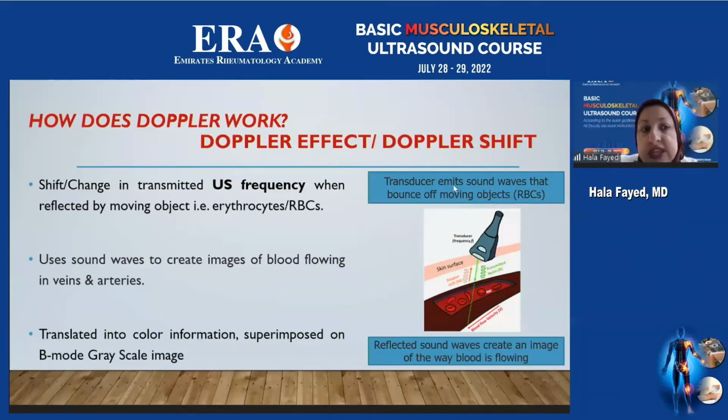It uses sound waves to create images of blood flowing in veins and arteries. This is translated into color information superimposed on the B-mode grayscale image, as we see here. The emitted ultrasound waves hit the moving RBCs and are then reflected to give us information about the blood flow.